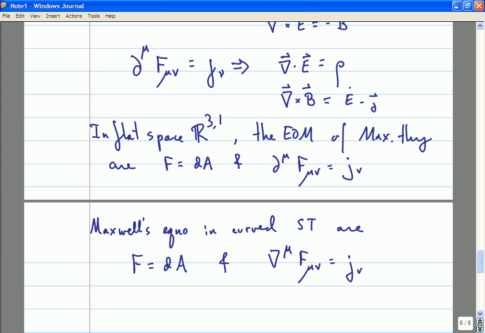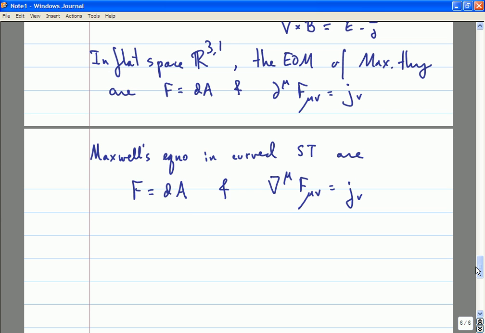Okay, so it's a straightforward exercise along the lines of what we have done so far to guess what the correct action of Maxwell theory is. So let's just outline the logic of that argument.